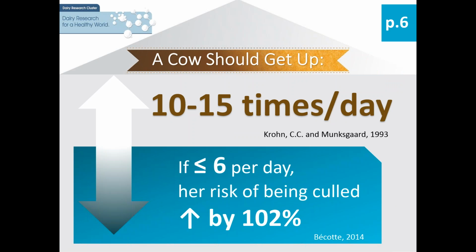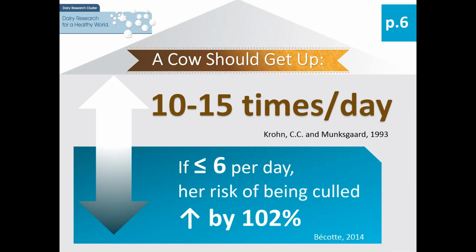And what we know from research, and the results of the latest cluster project, an analysis coming out of Laval University, is that the cows in our data set that don't get up and down as often, so less than or equal to 6 times a day, having longer individual bouts of lying, their risk of being culled from the herd went up by 102%.